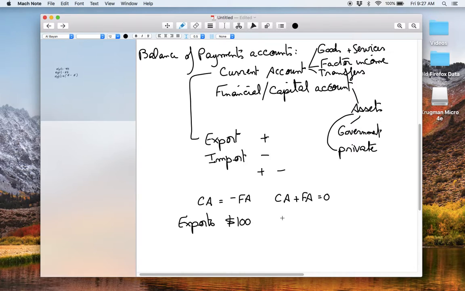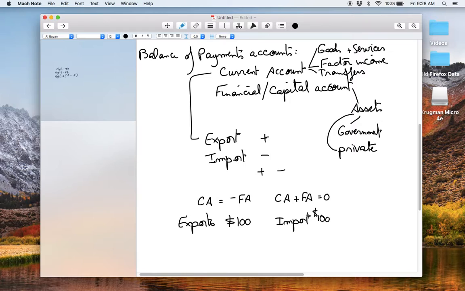Either they will spend it in Europe. So let's say they go and buy goods in Europe. That would be an import of $100 worth, right? Because realize, by the way, if you're a European person, you have euros. If you're American, you have dollars. So the person who's buying euros to exchange dollars is an American person, okay?